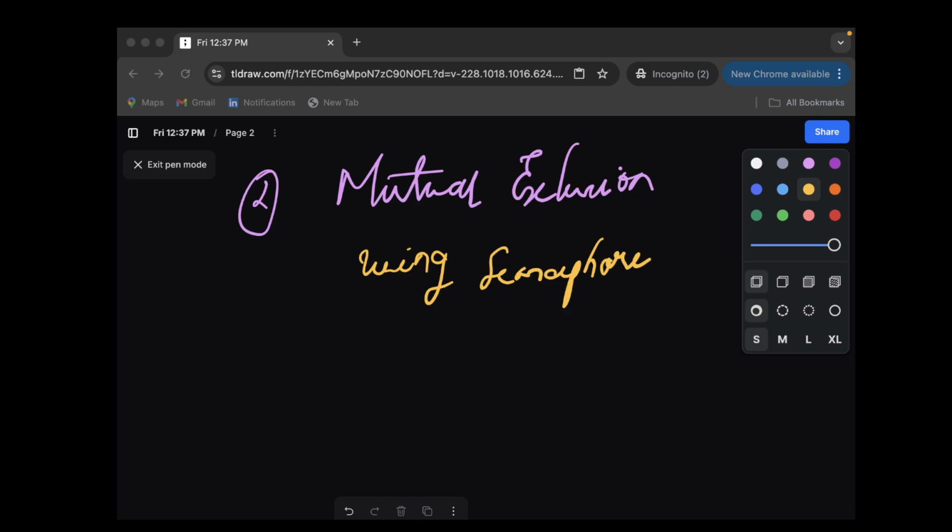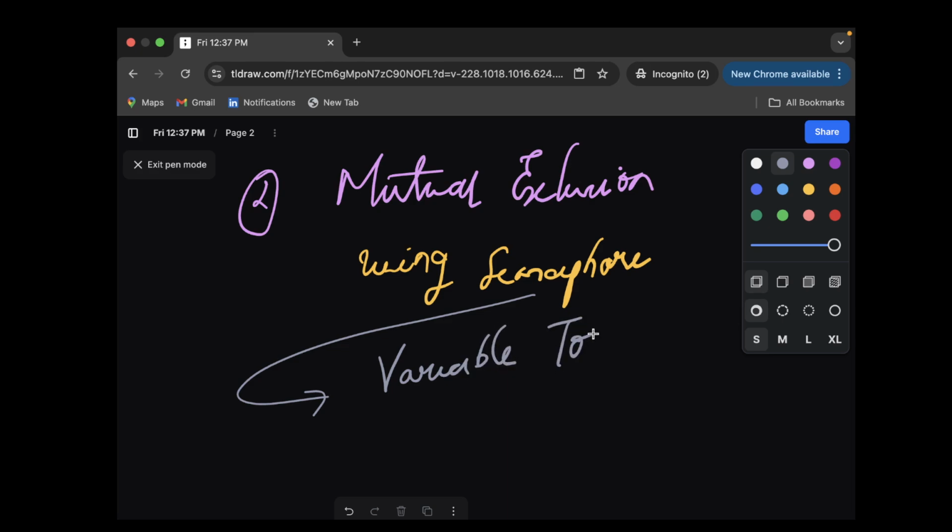So semaphore is basically a variable, right? This is a variable to control access. So it can be either 0 or 1, right?